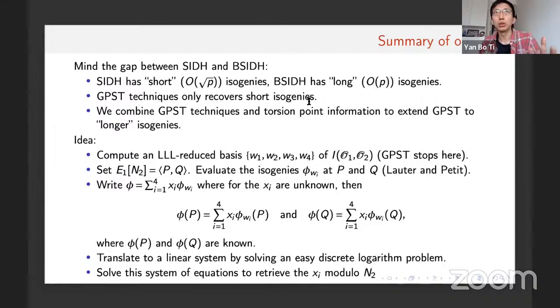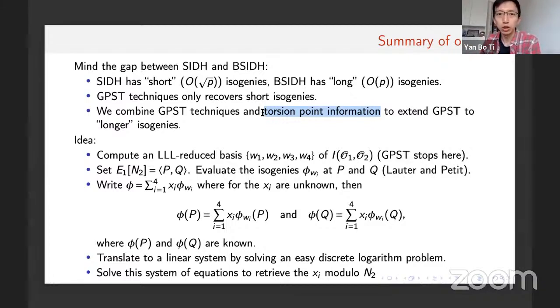To do this, we need to use extra information known as the torsion point information. So you start to wonder, why do you need to use this torsion point information right now? Is this actually a better attack? And I would say yes, because in B-side, you still need to provide this torsion point information for you to complete the square, if you like.